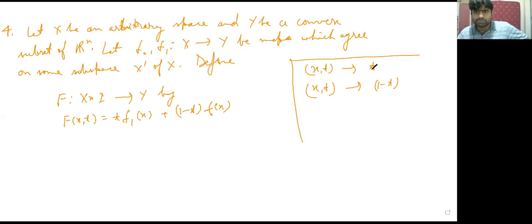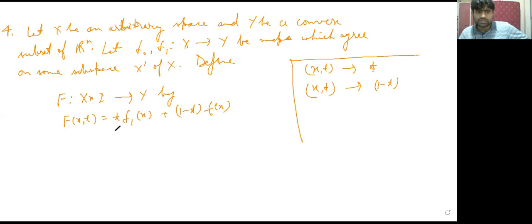So this is a map, just projection. This is also a map. This is from x cross I to R. So this also is from x cross I to R. So this map is multiplied in F1, and this one is multiplied in F naught.